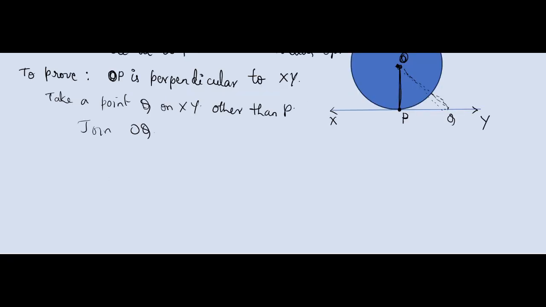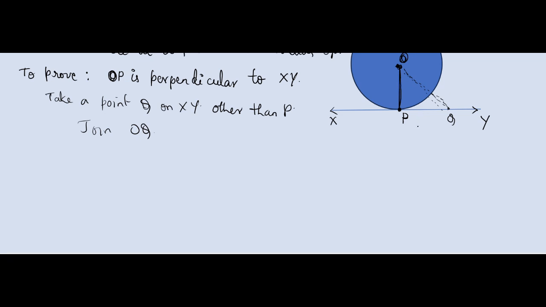Since this point Q that we took should stay outside of this circle, Q must lie outside of the circle. Why?